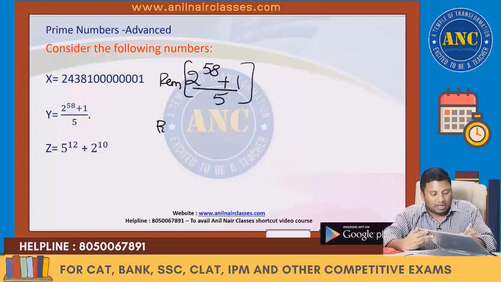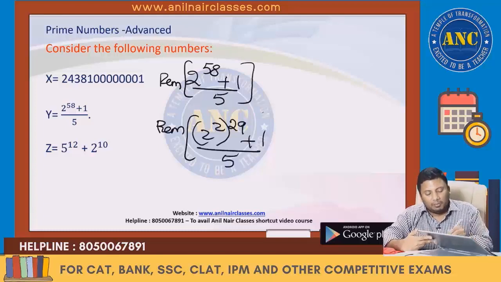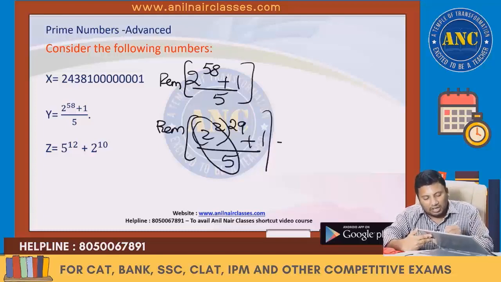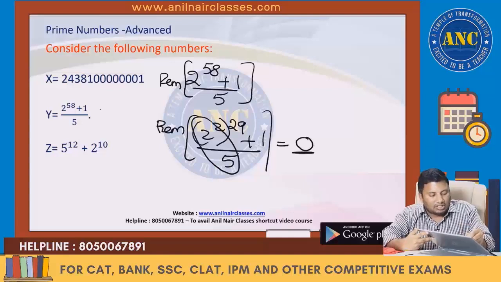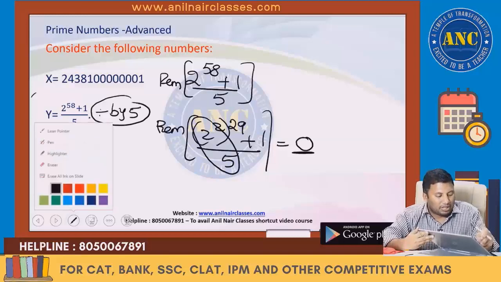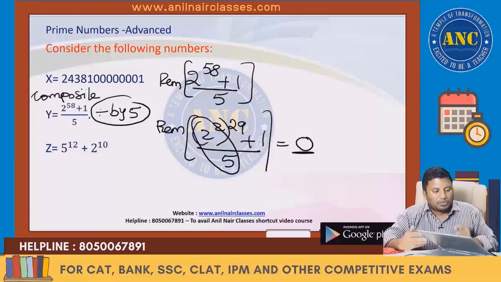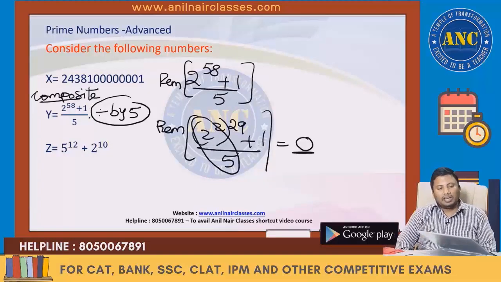This is the remainder of (2^2)^29 + 1 divided by 5. 4 when divided by 5 is minus 1, and minus 1 plus 1 is 0. That means this number is divisible by 5. If this is divisible by 5, this becomes a composite number. I hope the idea is clear.